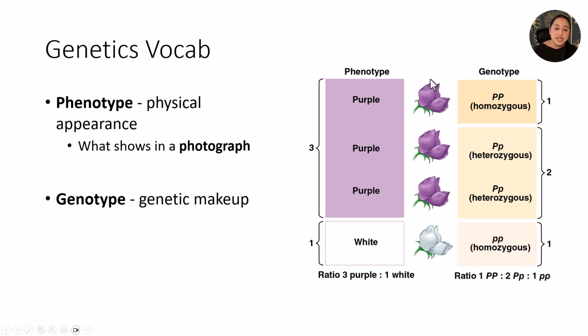The genotype is the genetic makeup, like what alleles it has. Does it have the dominant alleles, the recessive alleles, or one of each? So if you were asked about the genotypes of these and you happen to know, then you would say, it is homozygous dominant, or it is homozygous recessive, or it is heterozygous. Those would refer to the genotype. And if you were asked, what's the phenotype? Then you would say, it's purple, it looks purple.